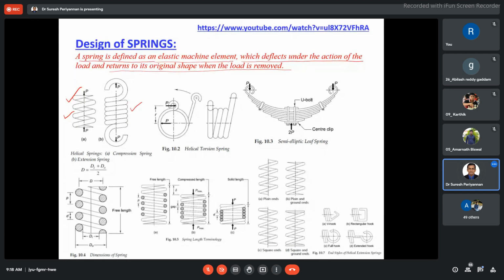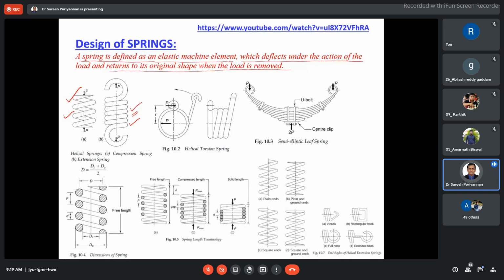Even if you apply compressive load, what will happen? The spring is going to have plastic deformation, it is going to be distorted. Hence, in this spring we can apply only the tensile load, and in the compression spring we can apply the compressive load. That's how the helical spring is classified as compression spring and extension spring.